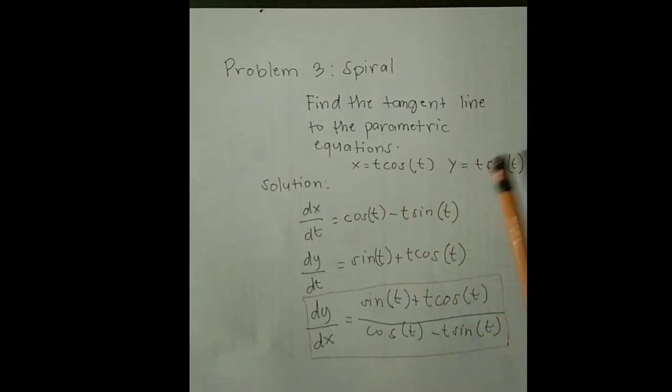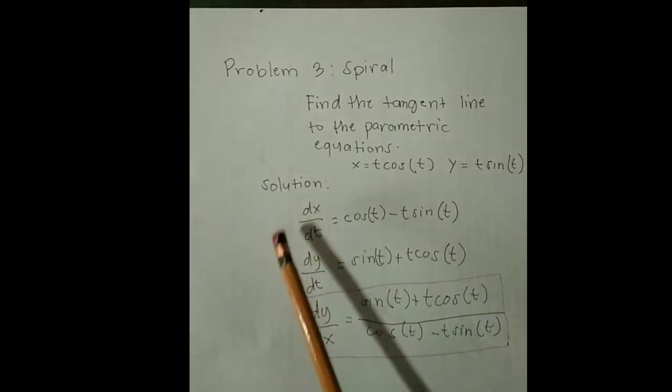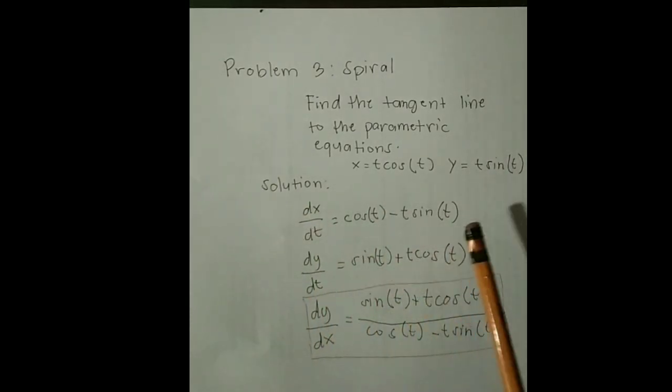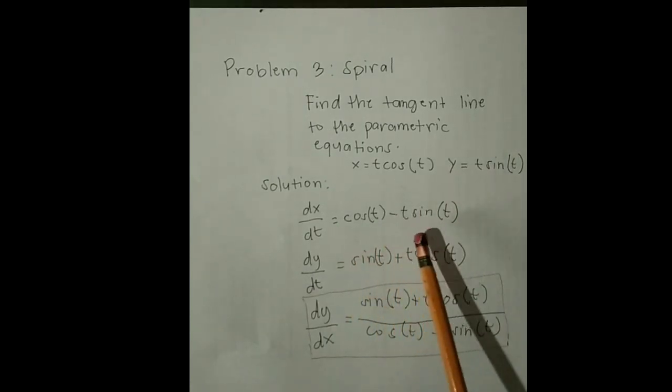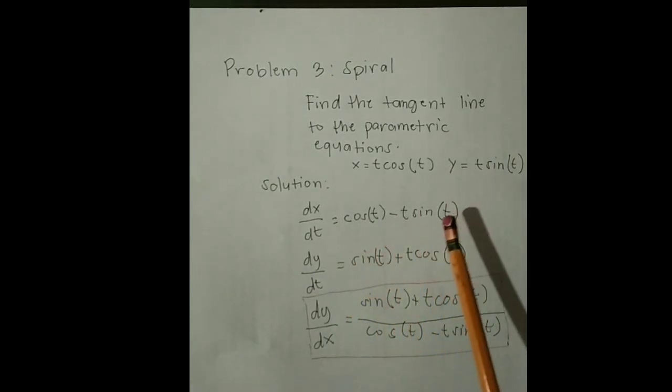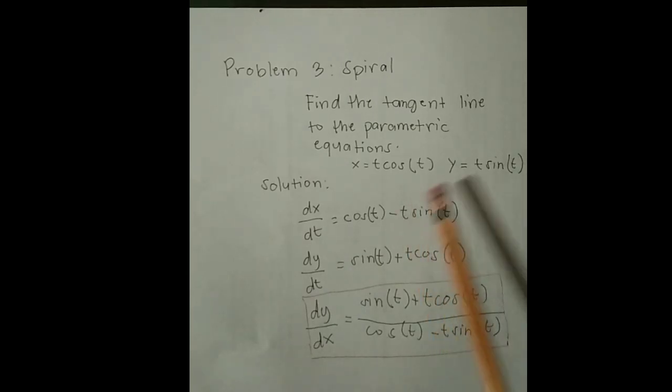So our dy over dx is sin t plus t cos t over cos t minus t sin t. So that's the final answer.